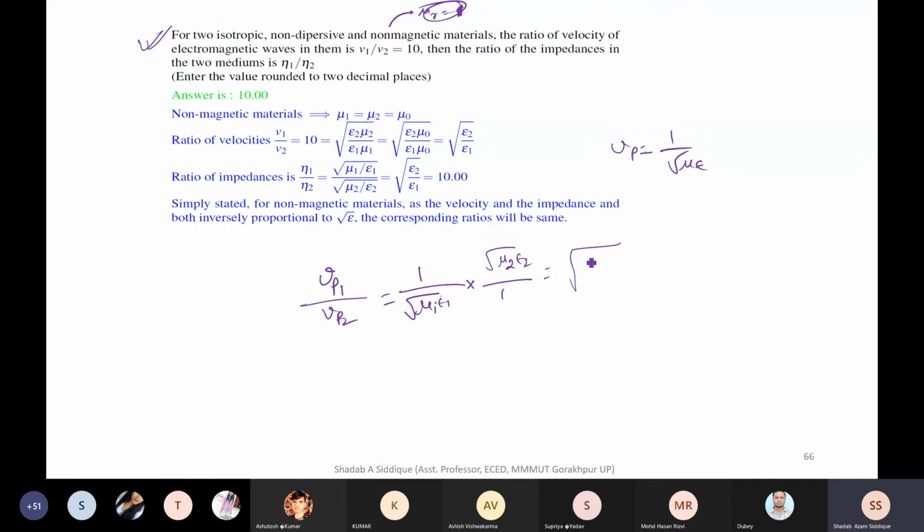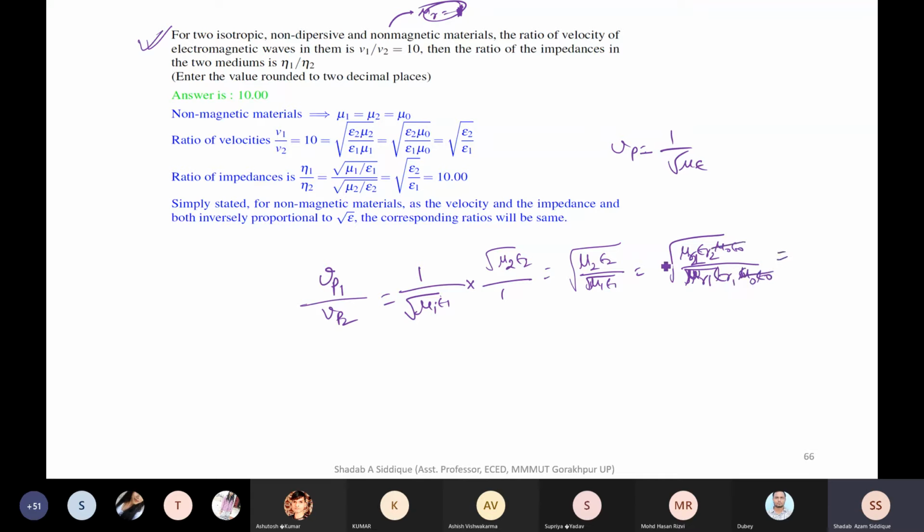So that comes out to be mu2 epsilon 2 divided by mu1 epsilon 1. And that comes out to be mu r2 epsilon r2 mu naught into epsilon naught divided by mu r1 epsilon r1 mu naught into epsilon naught.